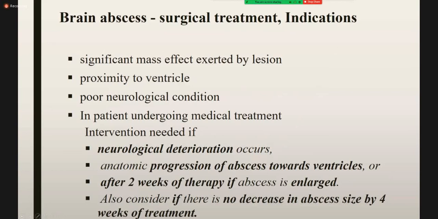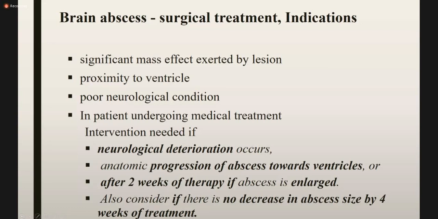In the surgical treatment options, what are the indications? You opt for surgical treatment if there is significant mass effect exerted by the lesions, causing a lot of problems, then proximity to the ventricle. Why?